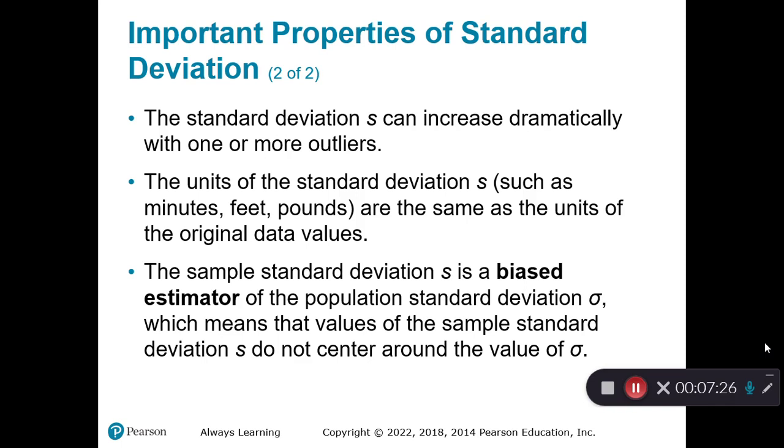They would be all over the place. So that's what we say is a biased estimator. It doesn't come close to the bullseye. They tend to be spread out, so there's a lot of difference expected from one sample to the next.